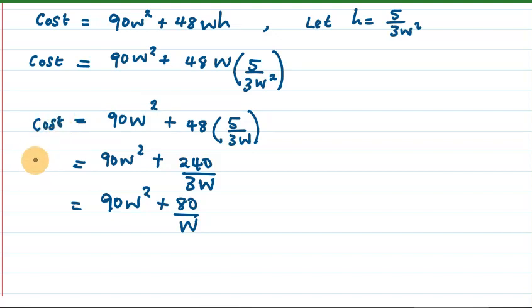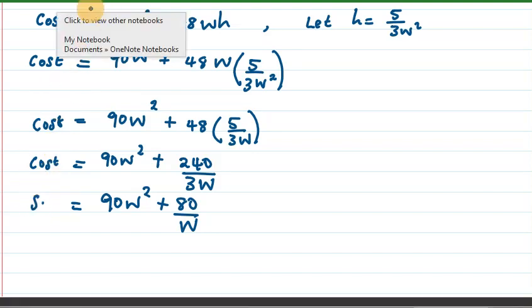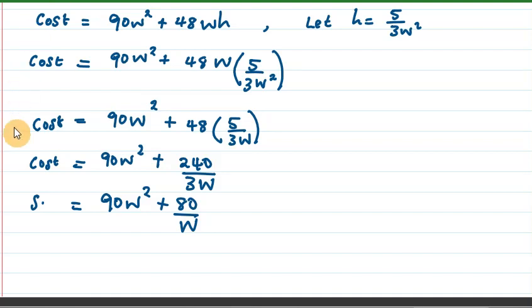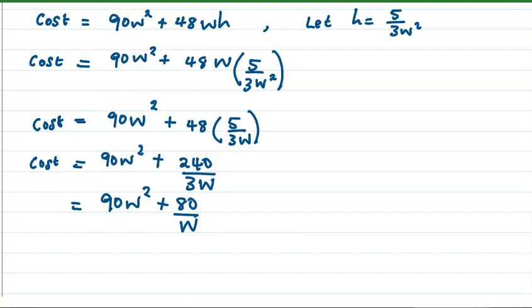We have not yet minimized, or we have not yet differentiated our function, because this one is now the function that we can use to calculate the cost. Okay, that's a cost.